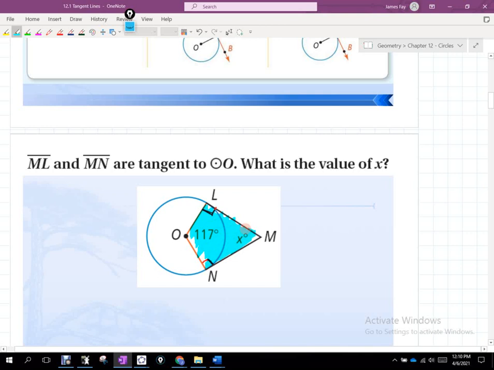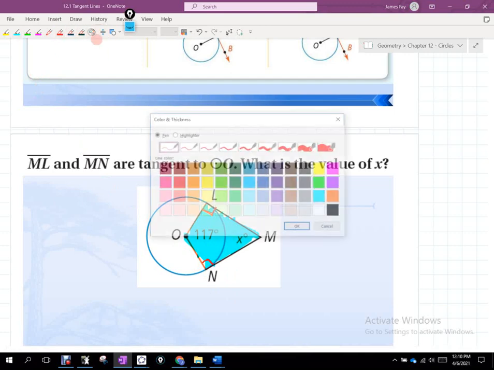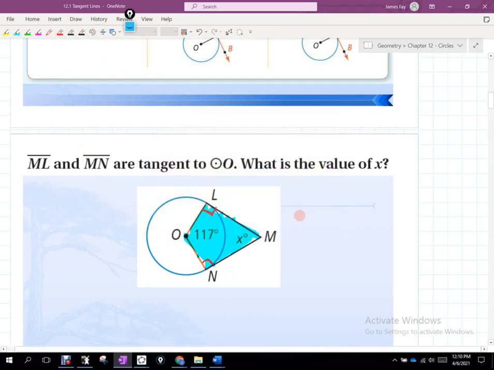How many degrees are there in this shape right here? Or what would you classify, based on the number of sides, what do you classify that shape as? Quadrilateral. Quadrilateral is how many internal degrees?